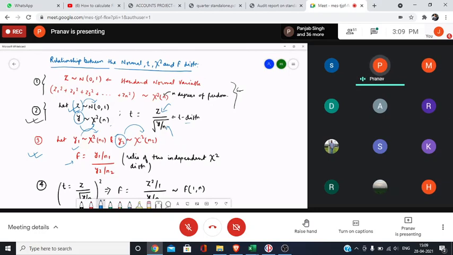And one more thing always remember, which I have repeated time and again, that variation and variance are distinguished by the degrees of freedom.